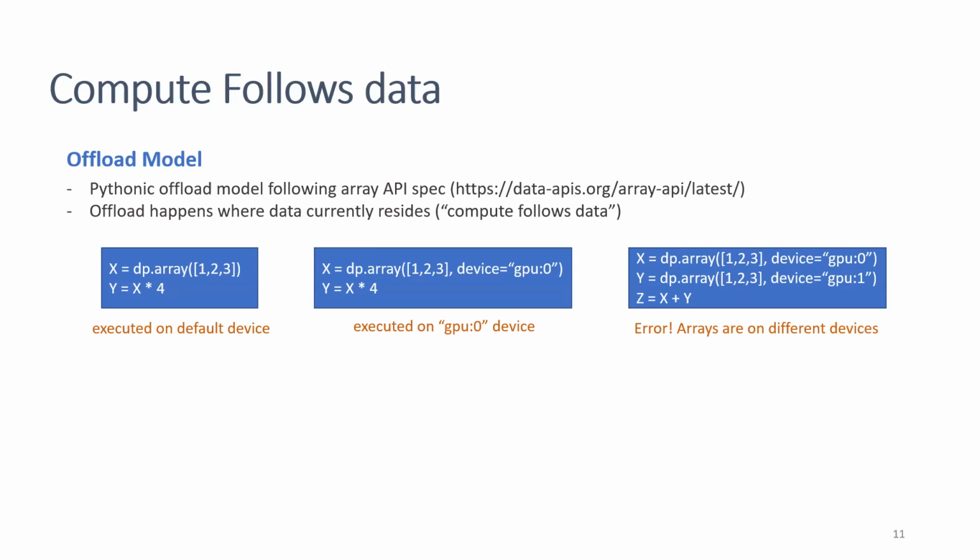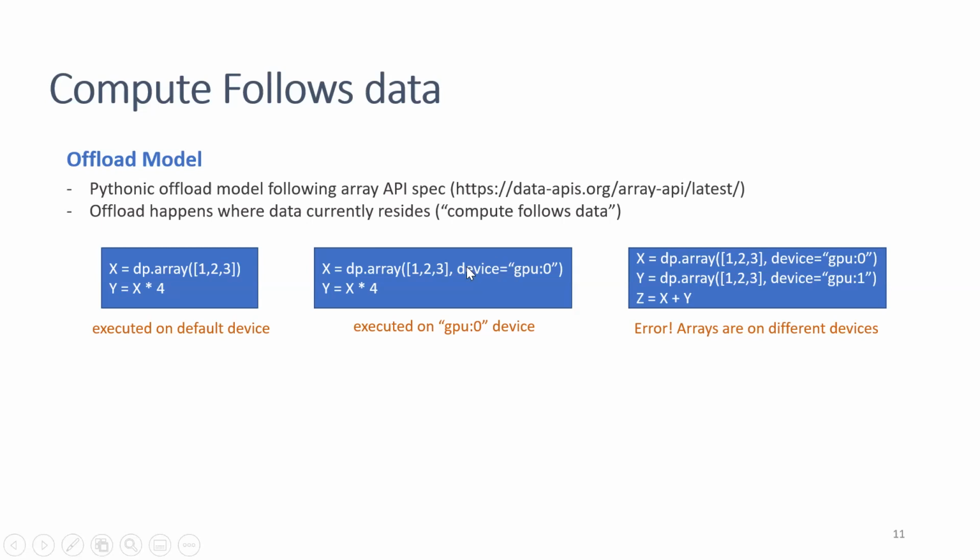The usage inside a kernel of 2 arrays allocated on 2 different devices is not allowed. If you see in this example, I've got a NumPy array which is executed on the default device, since I don't have any parameter here. In the second box, I've got a NumPy array, and it's executed on the GPU device.